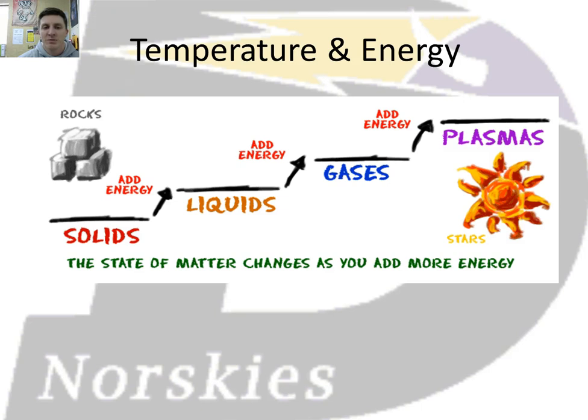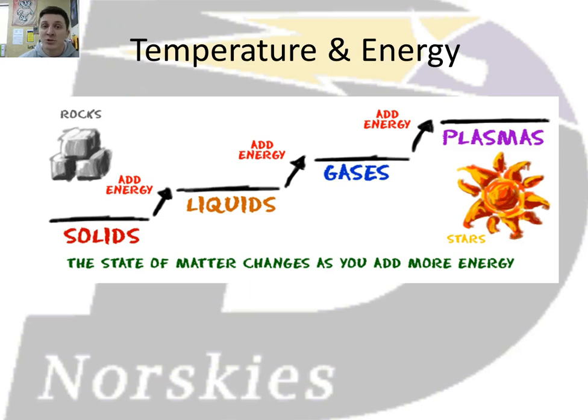So for example, if we look at solids, liquids, gases, and plasma, solids have the least energy, and if you add energy to it, you get a liquid. Liquids, if you add energy to it, you're going to get a gas, and if you add more energy to gases, you're going to get a plasma. So basically, the state of matter changes as you add more energy.